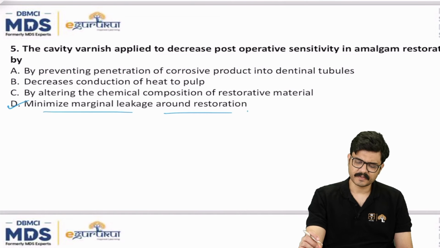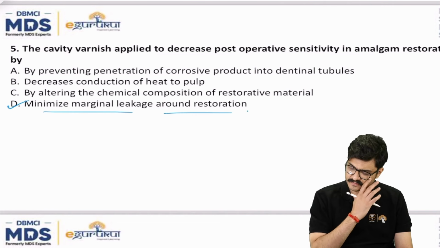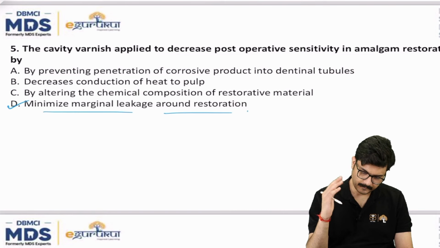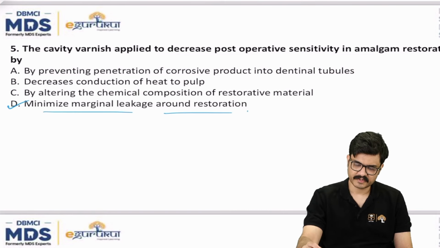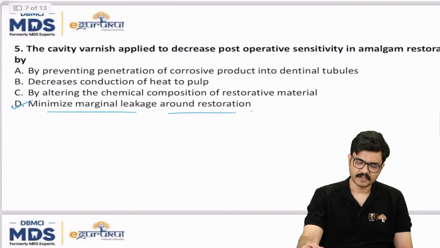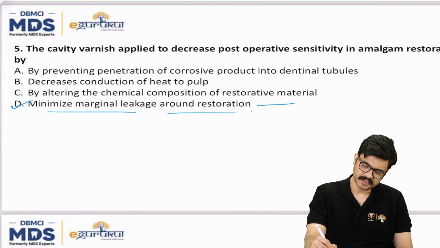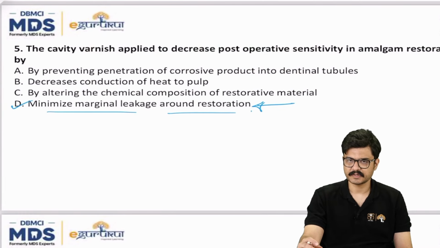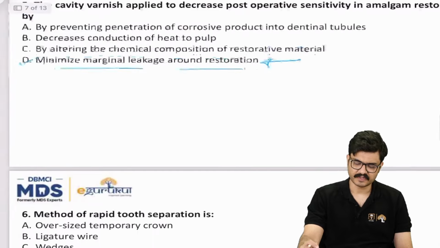Of course, it also helps in prevention of, option A, penetration of corrosive products into the dentinal tubules. Guys, but as far as decreasing post-operative sensitivity is concerned, I would go with option D, and that is minimizes the marginal leakage around the restoration. So the answer is D.